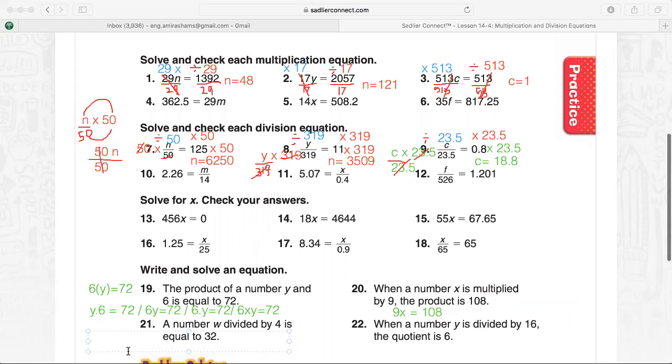Look, Sarah, this one is so clear. Like you read it, you will write it. A number W divided by 4 is equal to 32. As you read it, you're going to write it. W divided by 4 is equal to 32.